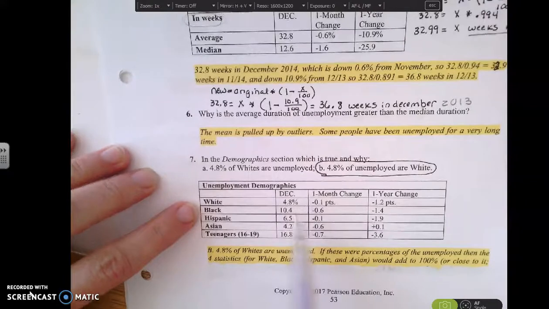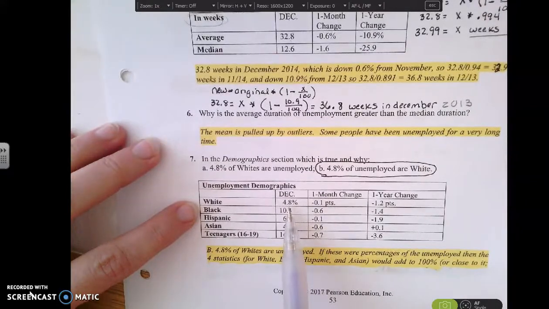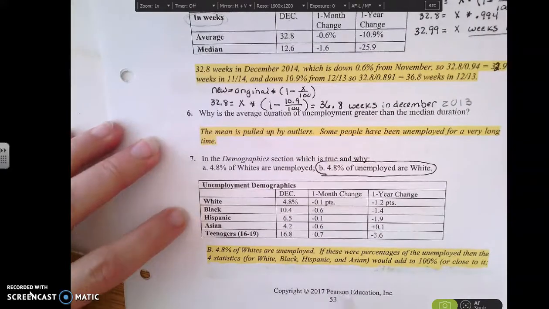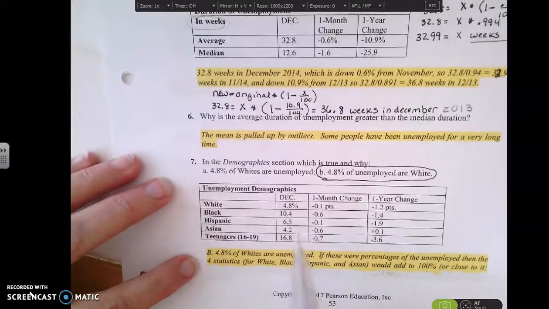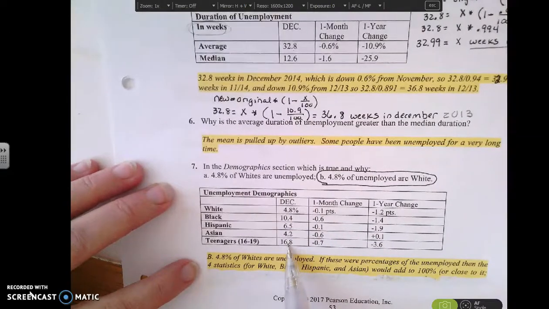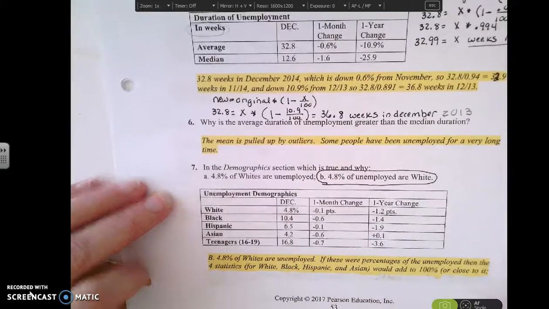It's saying 4.8% of people that are unemployed are white. So there's a big difference, and you have to watch out for that. And the reason that you know that this is true is because if this was of all unemployed, then these values together should add up to be 100%, and that's not what's happening here.